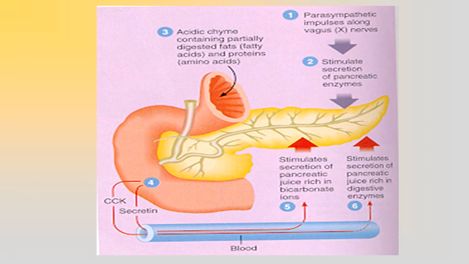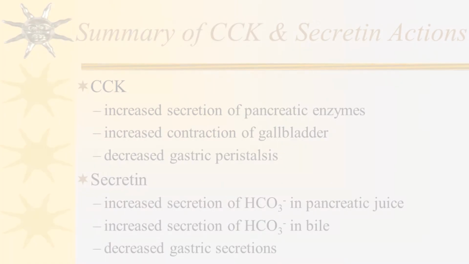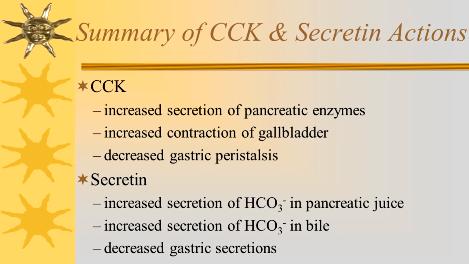So we've seen cholecystokinin and secretin in a number of cases here, regulatory processes in GI function. And so this slide is simply a summary of the action of these two hormones. You can take a look at that and put all of their actions together as shown on this slide.